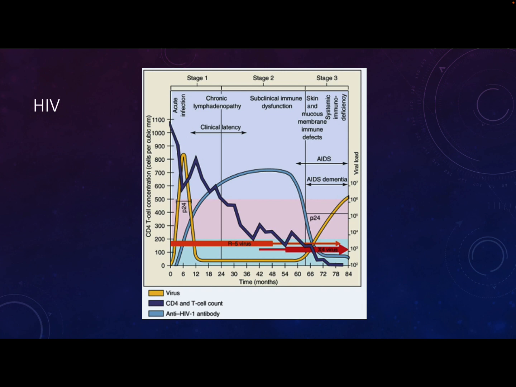These patients won't be experiencing those weird infections I was telling you about. But what I want to highlight is pretty much right here where it says AIDS. And what we're looking at is that the CD4 positive T cell count has dipped below 200. The viral titer has gone above 10 to the 4.